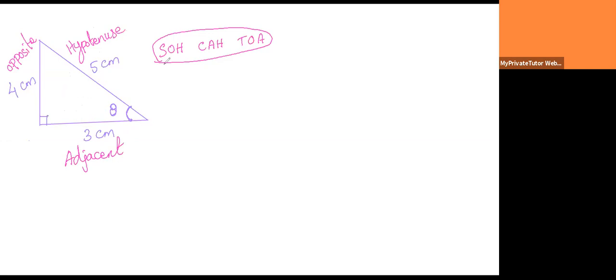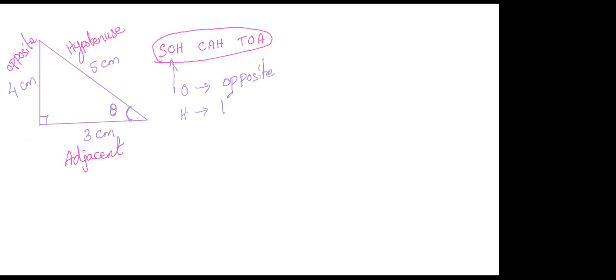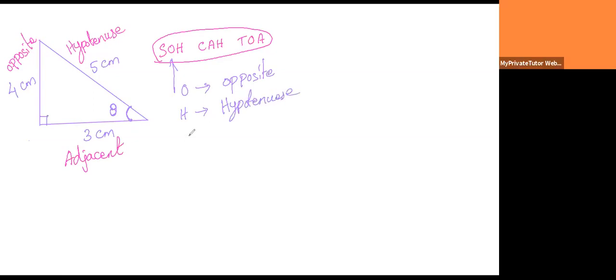So if you know this, have a look at the logic. O stands for opposite side, and H stands for hypotenuse side. And we have one more, which is A. A stands for adjacent side.